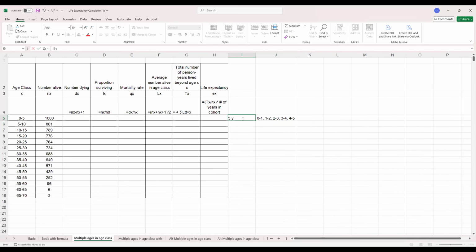Merong 5 years sa age class. Check natin kung ganun din sa susunod. 5 to 6, 6 to 7, 7 to 8, 8 to 9, 9 to 10. So, bilang 1, 2, 3, 4, 5. So I think consistent naman dito sa life table na to na tig 5 years within each age class. So important yan sa life expectancy natin later.